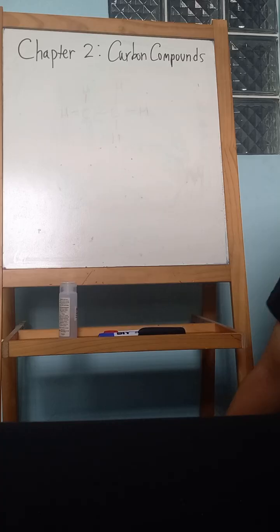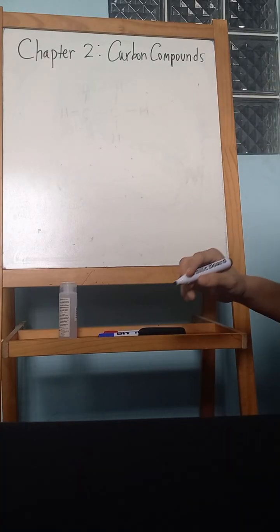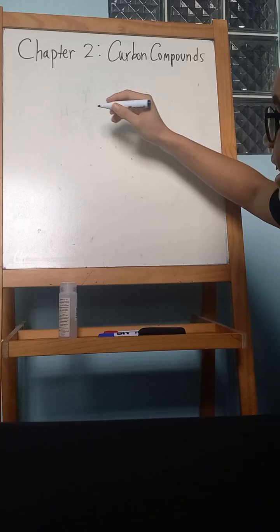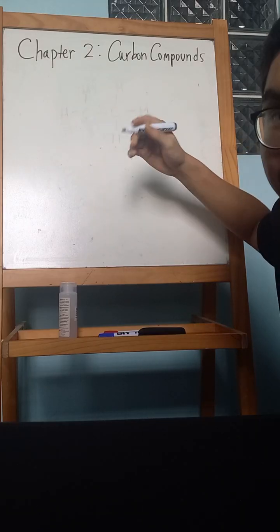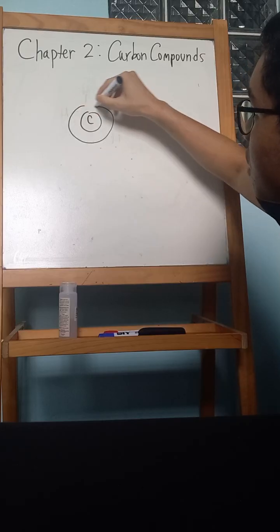Carbon is an element in group 14, which means it has 4 valence electrons.